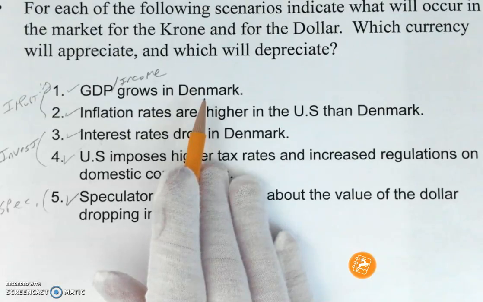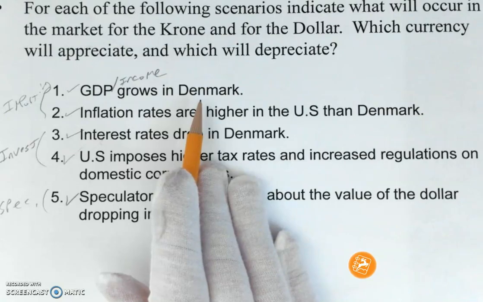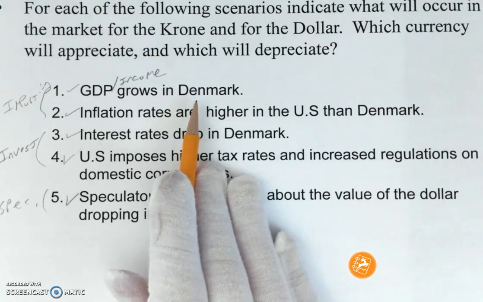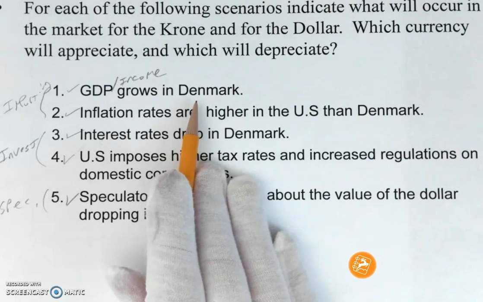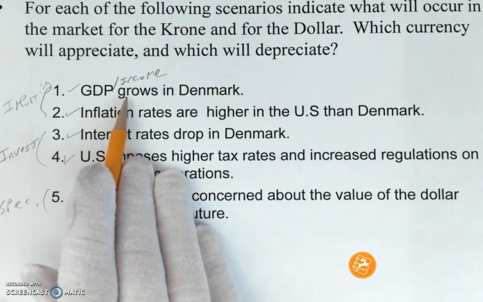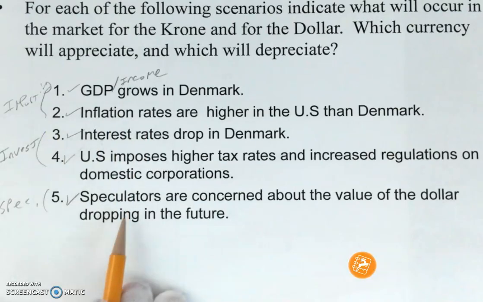So keep that in mind. If GDP and income are growing in a country, those people will respond. The Danes want to purchase more at home and abroad, so they supply more krones to demand more dollars to shop in America. But Americans don't necessarily change their purchases of Danish goods when GDP grows in Denmark. So this is the one instance where we often see only 2 curves shift. The other ones all shift.